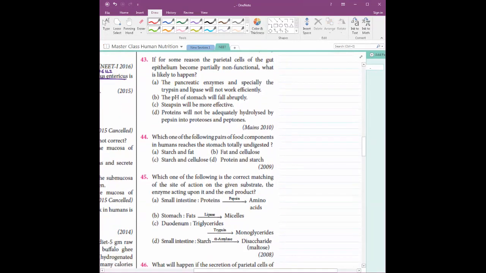Okay. Next question. If for some reason, Ruby, you are going to answer this. If for some reason the parietal cells of the gut epithelium become partially non-functional, what is likely to happen?